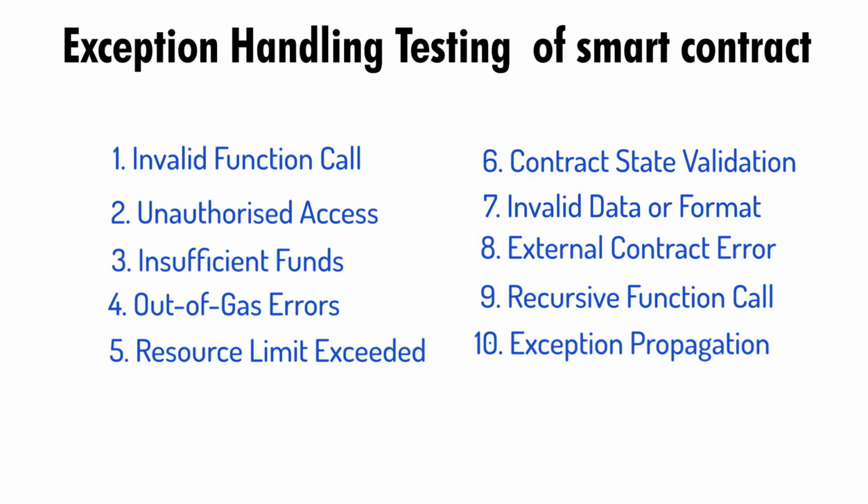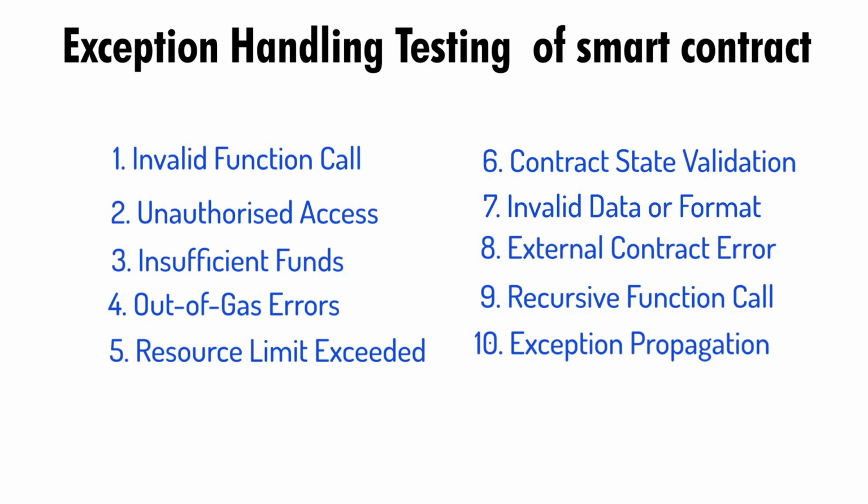Test a scenario where an exception occurs in a function and verify that it propagates correctly to the higher level functions or transactions. Verify that the contract throws an exception or reverts the transaction, ensuring the exceptions are properly handled and propagated.